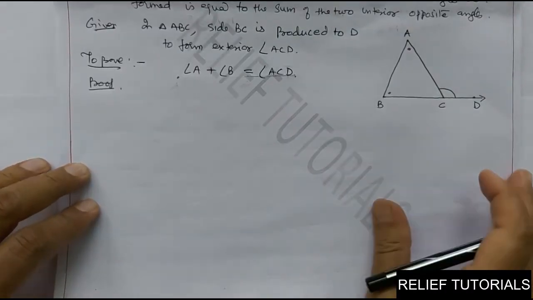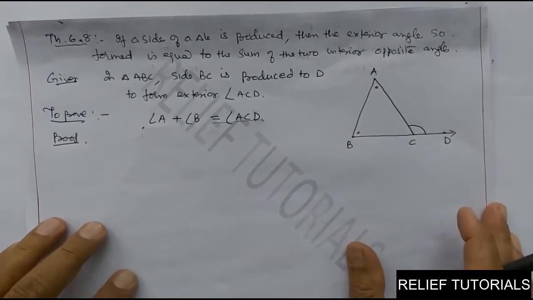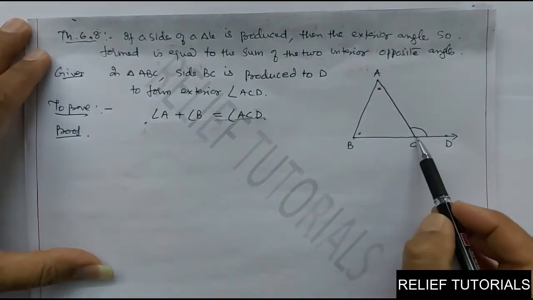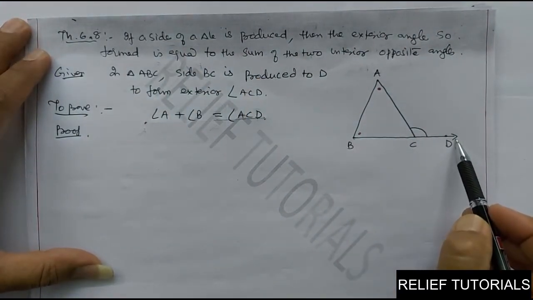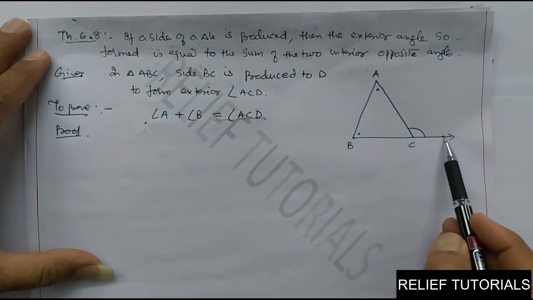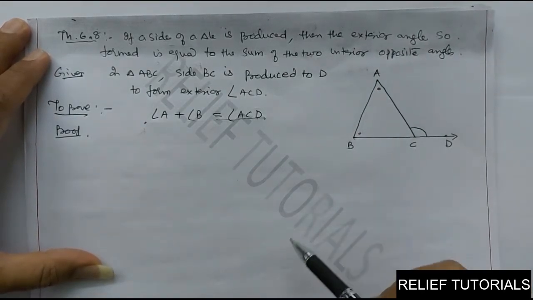Now theorem 6.8. What does it say? If a side of a triangle is produced, see BC is the side and it is produced, then the exterior angle so formed, this is exterior angle ACD, is equal to the sum of its two interior opposite angles.